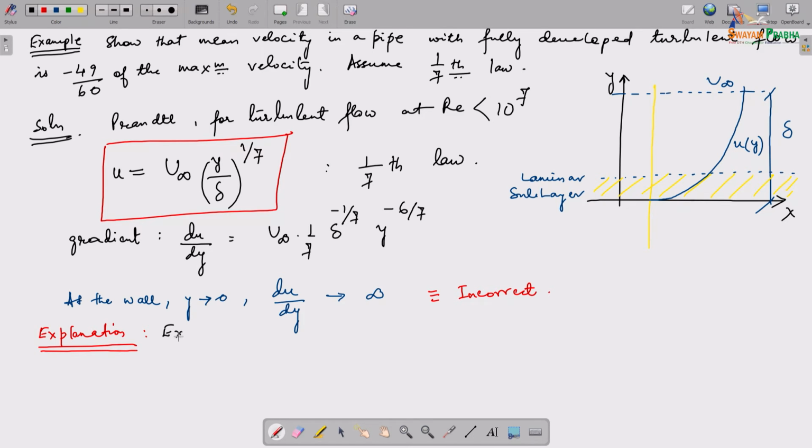Now, if I were to write that down, the explanation is the existence of a laminar sublayer right next to the wall.